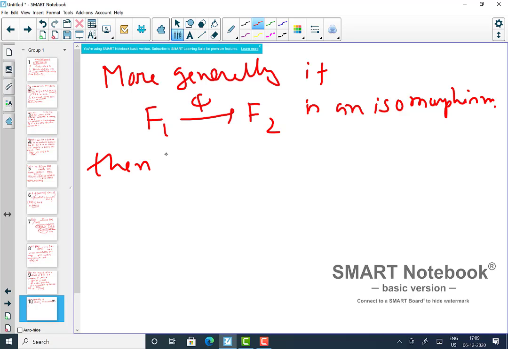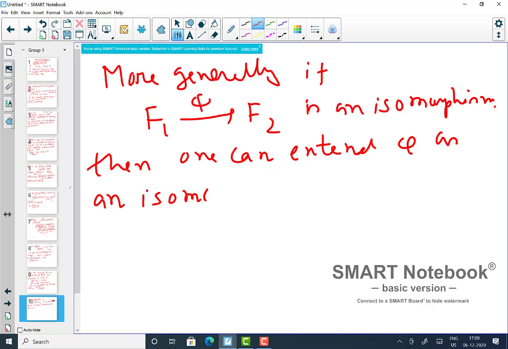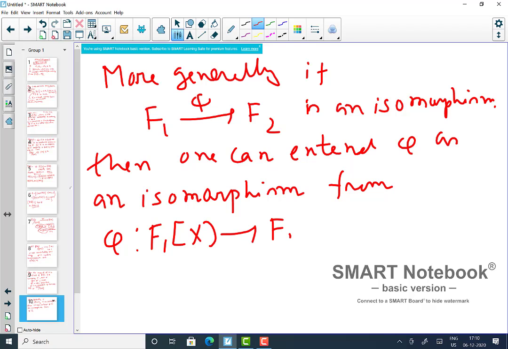Then one can extend phi as an isomorphism, using the same symbol phi, from F1[x] to F2[x]. So if the fields are isomorphic, then the underlying polynomial rings are also isomorphic.